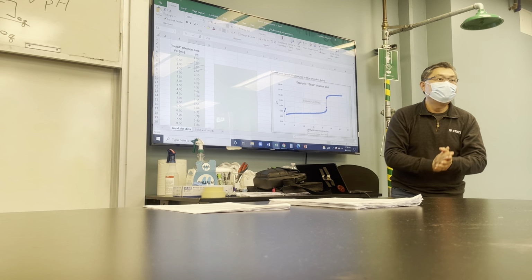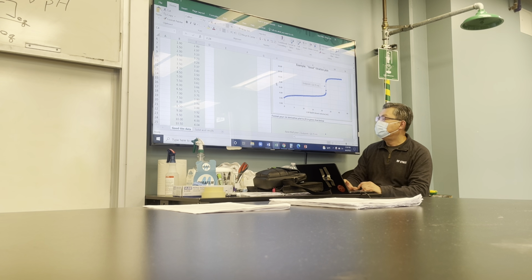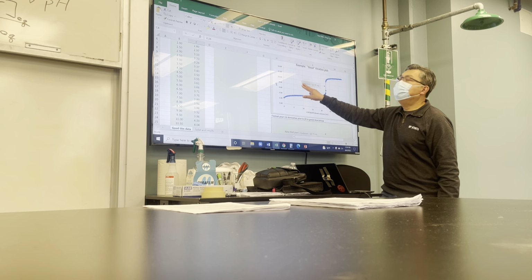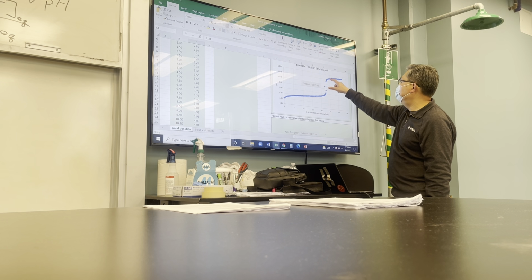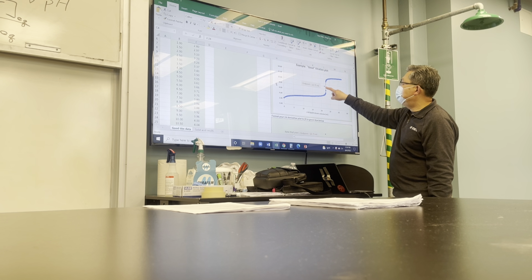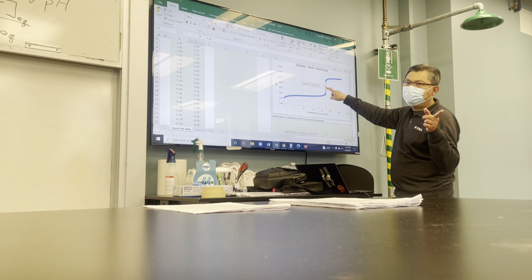Now, once you have the titration curve, we want to identify the equivalence point, or endpoint, excuse me. So the endpoint is right at the sharpest change. You will see a jump, the rapid change of your pH, and the middle, halfway of the jump, will be your endpoint.